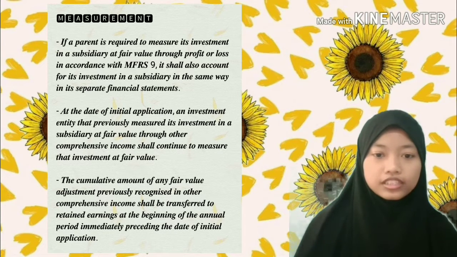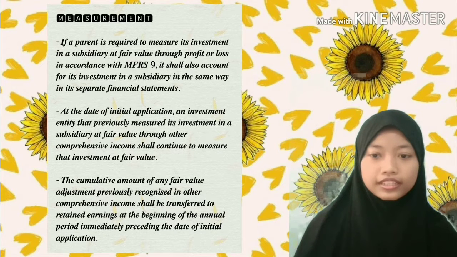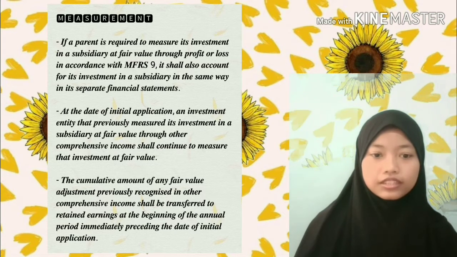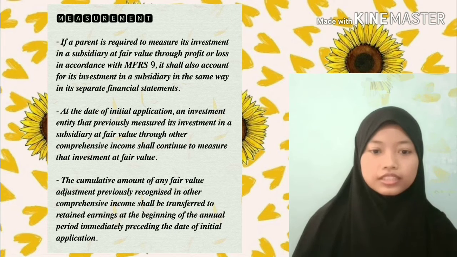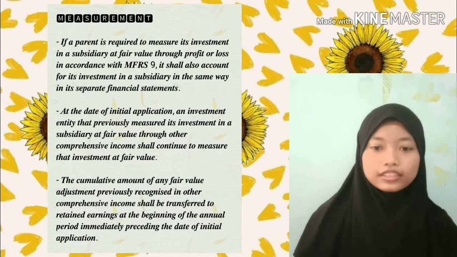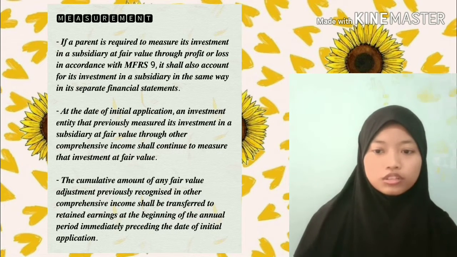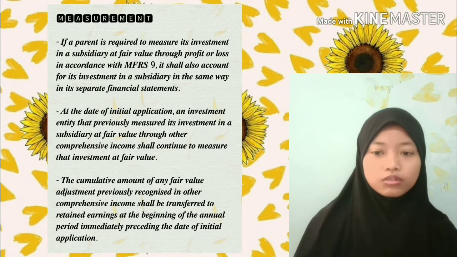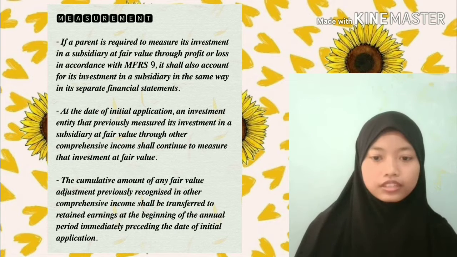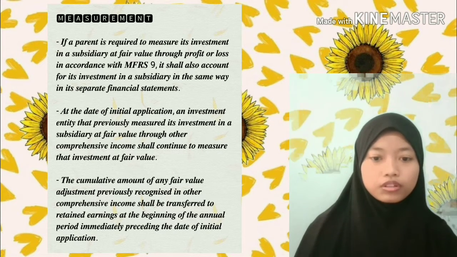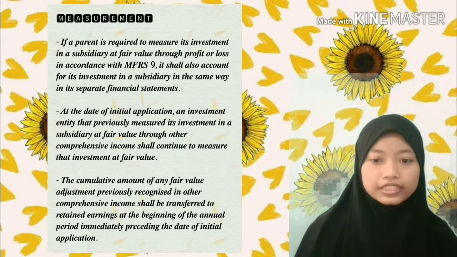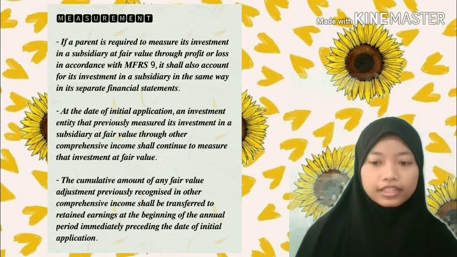At the date of initial application, an investment entity that previously measured its investment in a subsidiary at fair value through other comprehensive income should continue to measure that investment at fair value. The cumulative amount of any fair value adjustment previously recognized in other comprehensive income should be transferred to retained earnings at the beginning of the annual period immediately preceding the date of initial application.